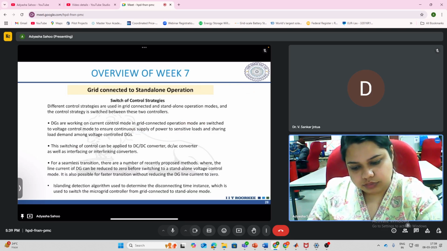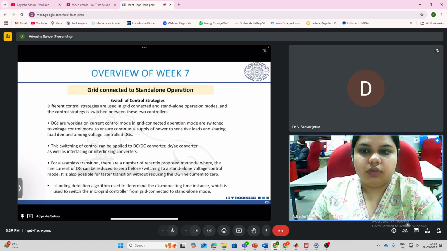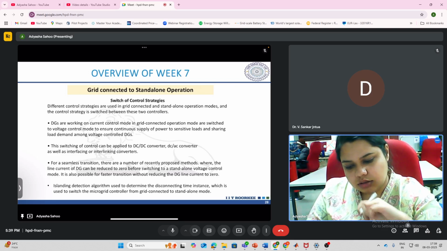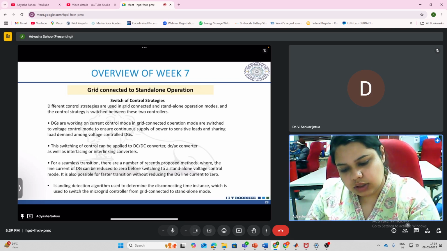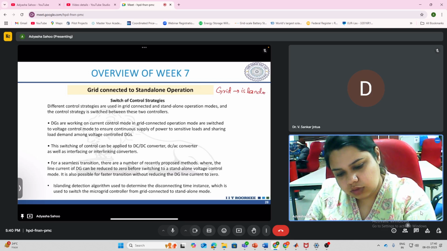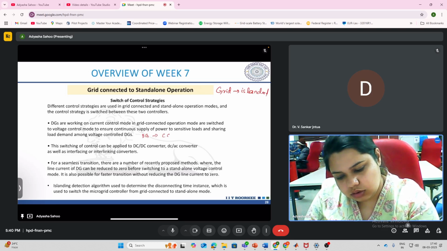Now, switching from the grid connected to the standalone or islanded mode of operation, how is that done? When we are going from grid connected to island, the DGs are converted from current control mode to voltage control mode.